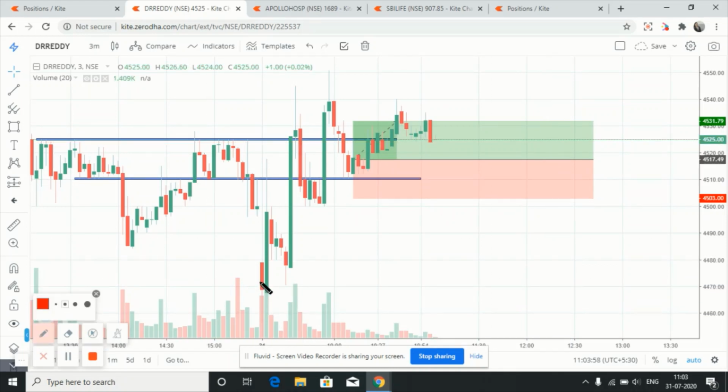Market started from here. Whenever the market is on the buying side, we get huge volume. When the market is on the selling side, we get low volume. So this is my reason for going towards the buying side.